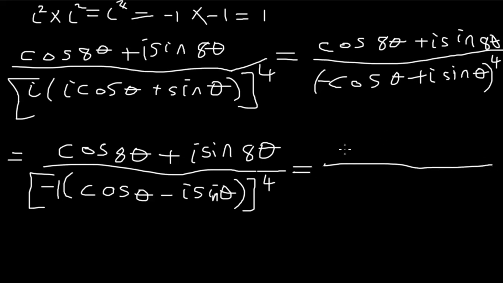So this is going to be cos 8 theta plus I sine 8 theta, cos 8 theta plus I sine 8 theta, over, so this one we've said is a positive number, but how do I change this? I'm going to remain with cos.